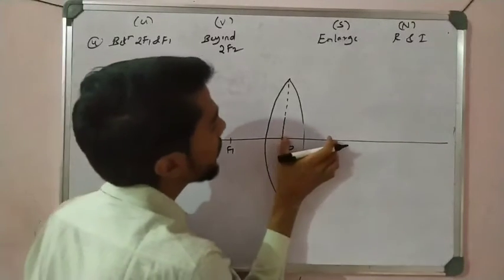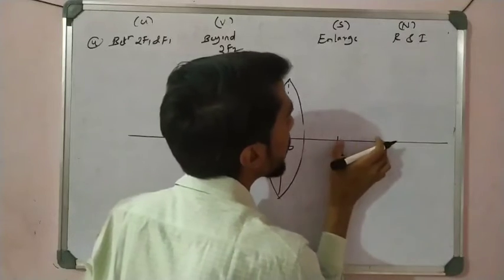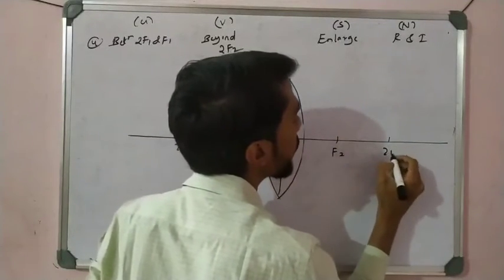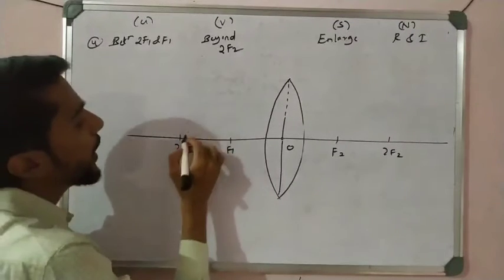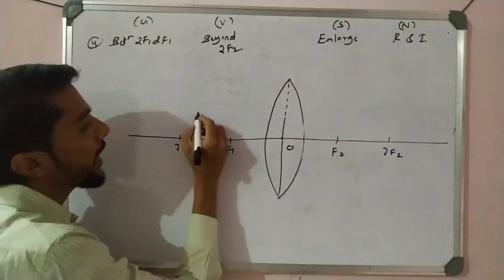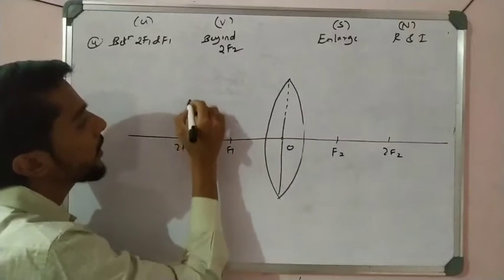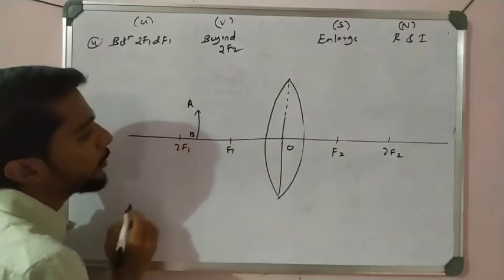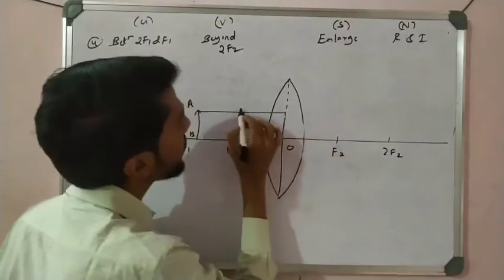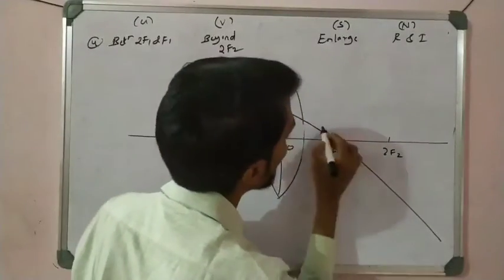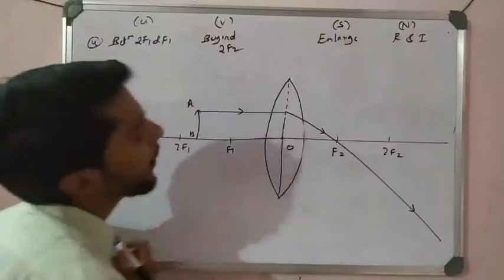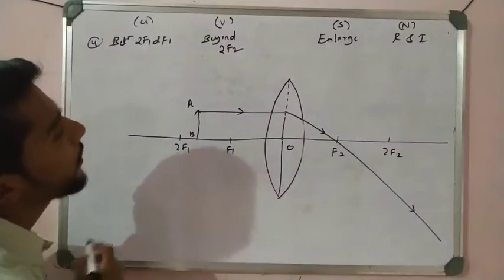This is 2F2. Clear? Now between, anything between, any point I can take here, for my convenience, that is A, B, the object. The ray parallel to the principal axis bends and passes through F. No problem, right? Now, after that, the ray through the pole.